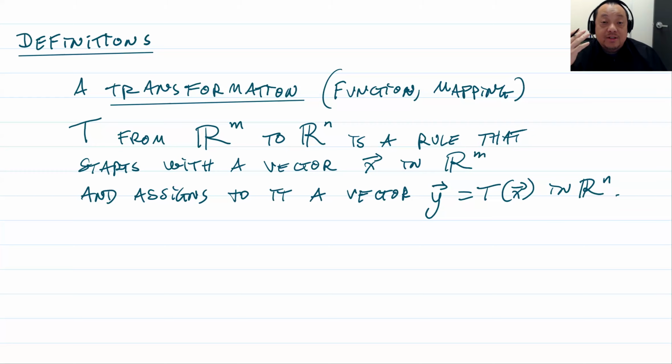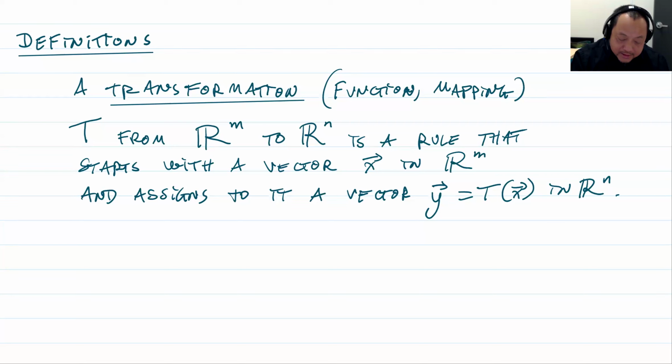So you see that it's very similar to a function in regular algebra. In regular algebra, you take a number x in some set, usually the real numbers, and then you assign it a value, y equals f of x, in another set, usually the same set, real numbers. And that's the definition of a function. In linear algebra, this is the definition of a transformation.